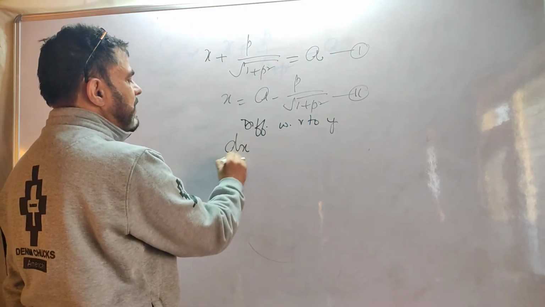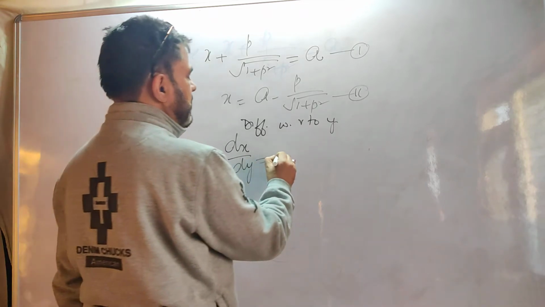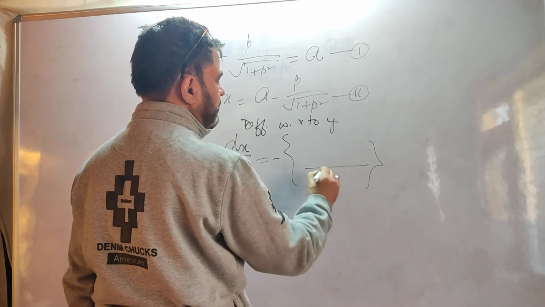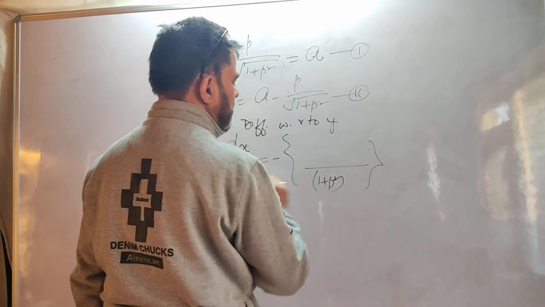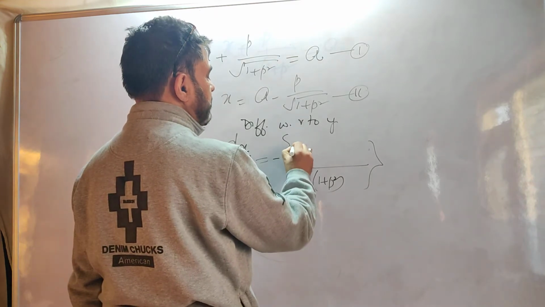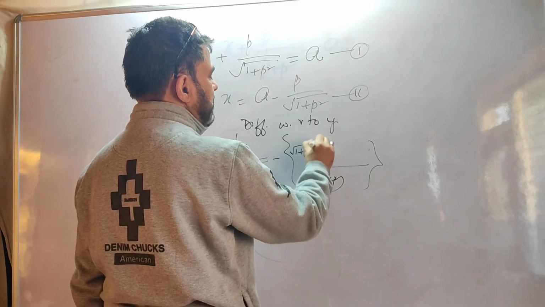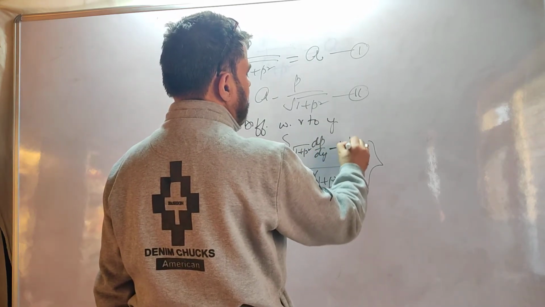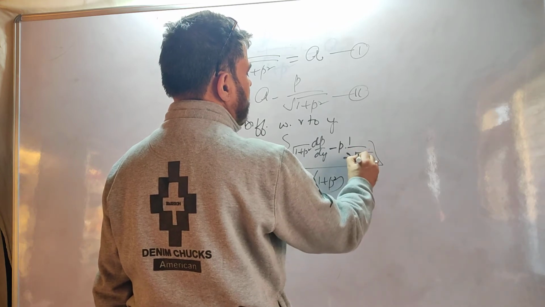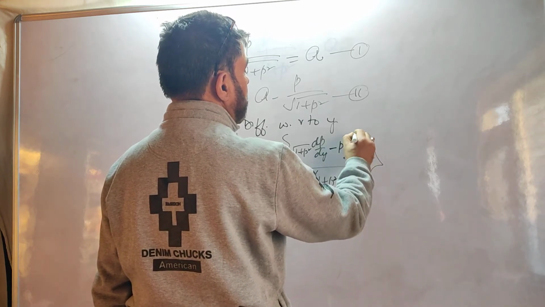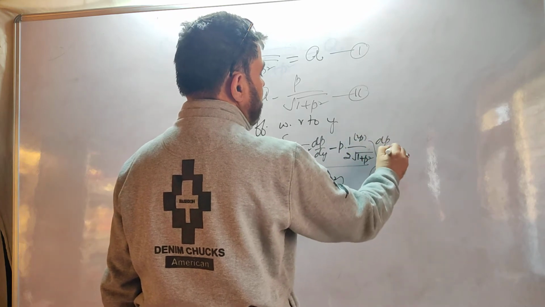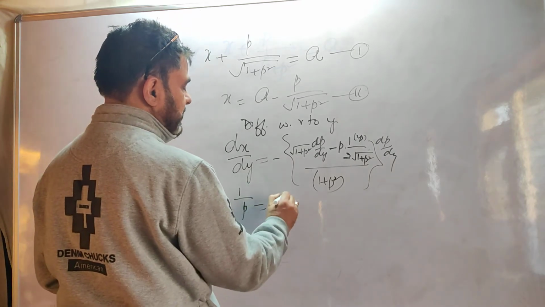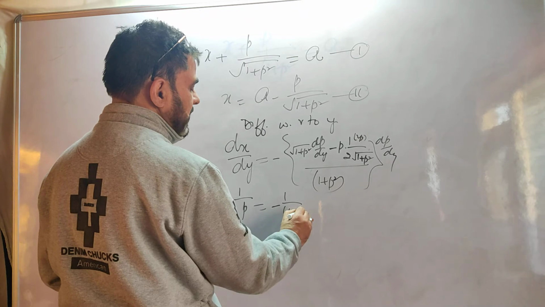It is dx by dy is minus, denominator square, denominator as it is, this is dp by dy, minus p times 1 by twice under root of 1 plus p square times 2p, here also dp by dy. This gives you 1 by p is equal to minus 1 by 1 plus p square.